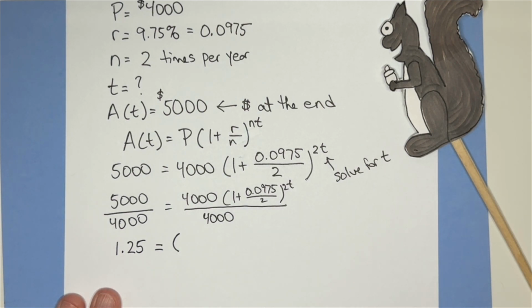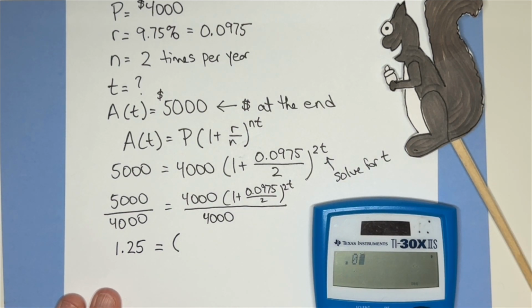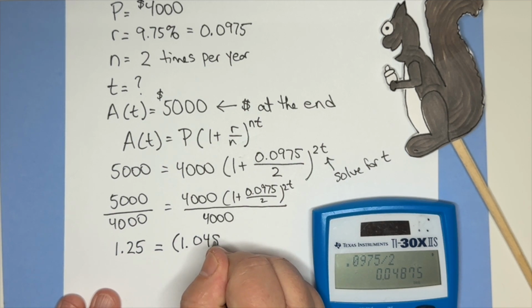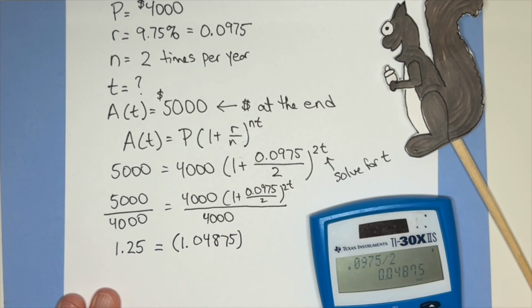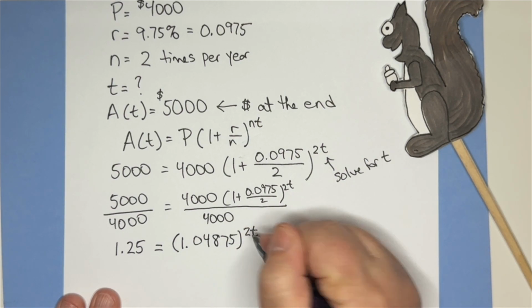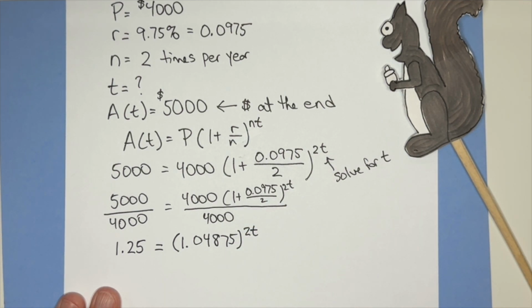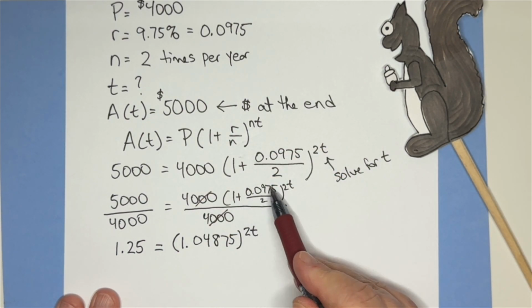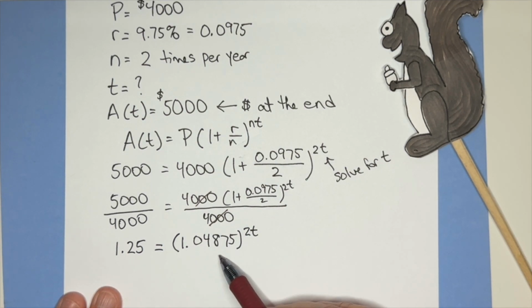Up in here, 0.0975 divided by 2 gives us 0.04875. I'm going to add that to 1. And it's raised to the 2t. So you see the 4,000s cancel, and I calculate this divided by 2, and I get 0.04875, and I add it to 1.